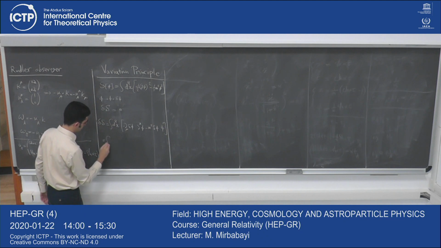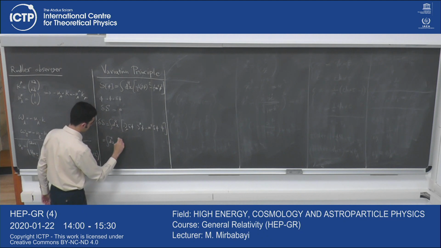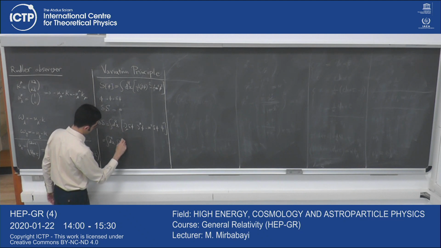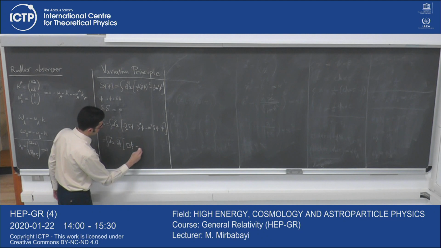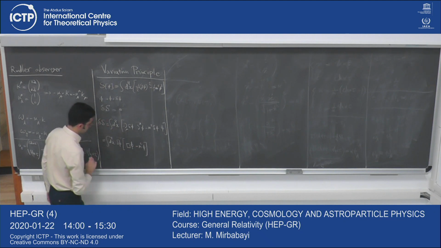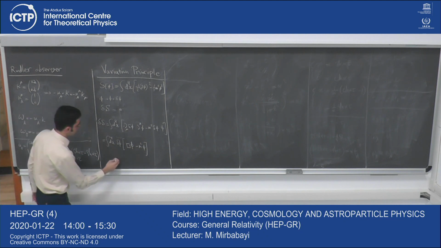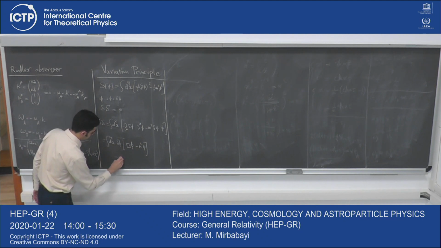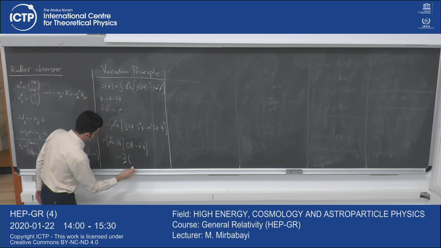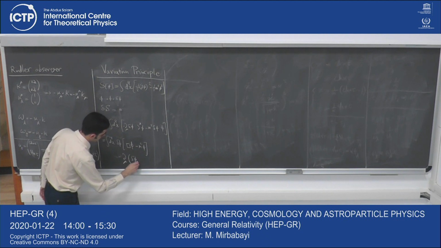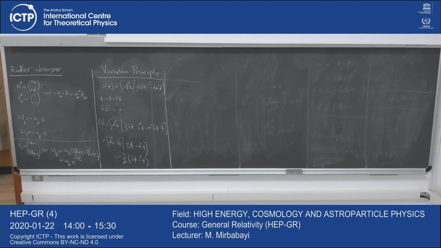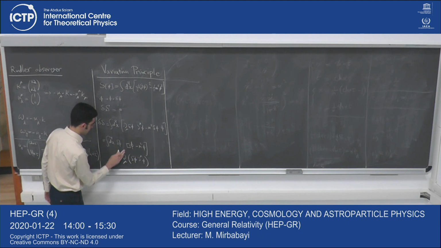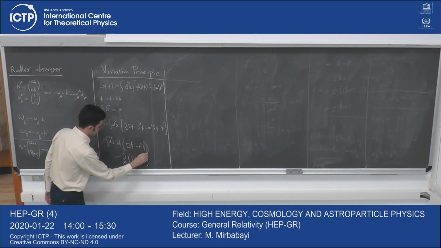And this we can write as the integral d⁴x of δφ times (□φ minus m² φ) minus the total derivative ∂_μ of (δφ ∂^μ φ). Of course, the whole thing is inside the integral.